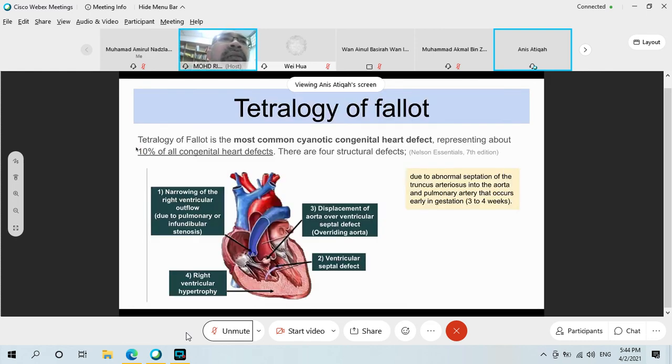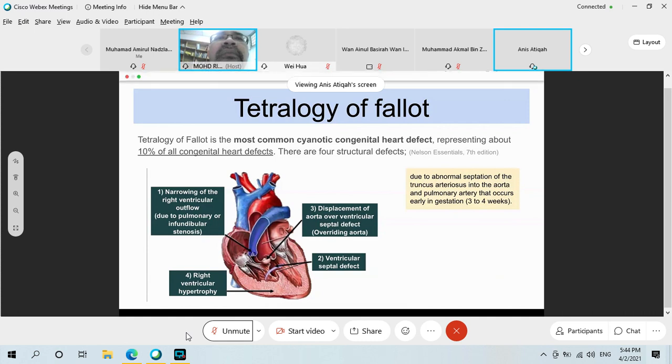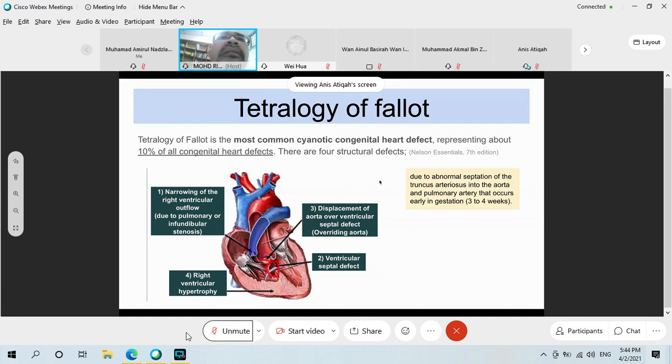Can you go back to the first slide, the TOF picture? Okay, so in TOF, this is the VSD. But you must remember that in TOF the RV pressure is high because of the pulmonary stenosis. There is obstruction at the pulmonary valve level.